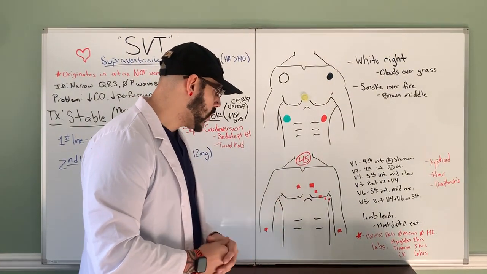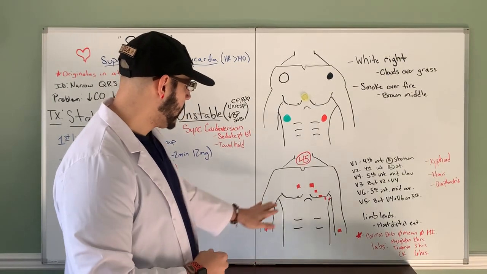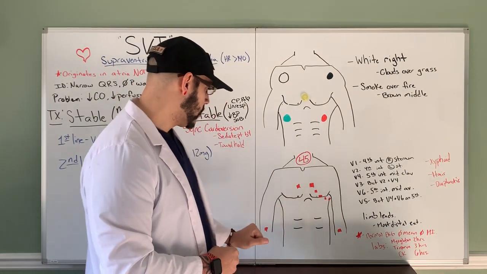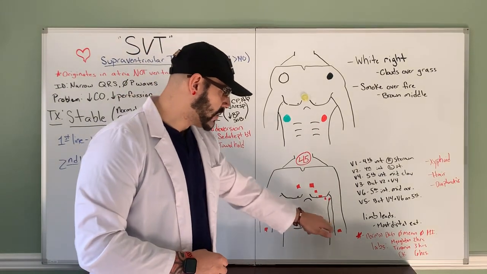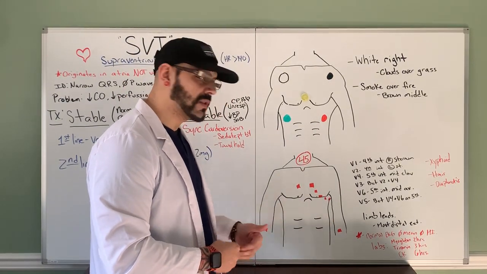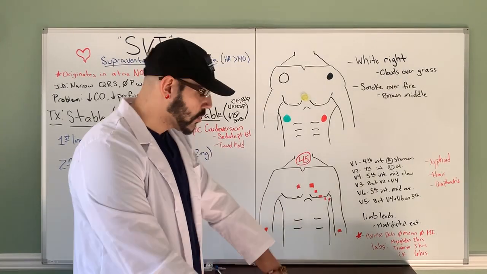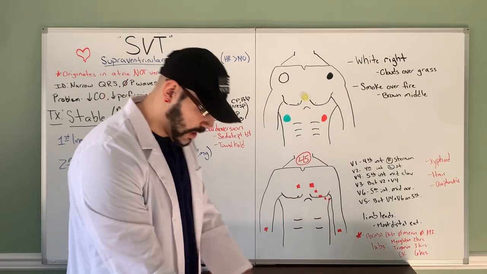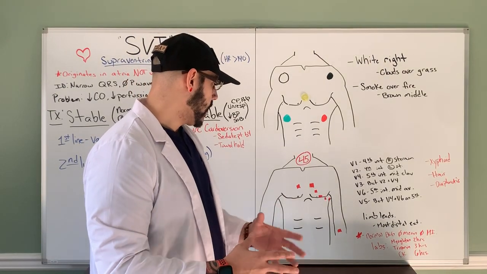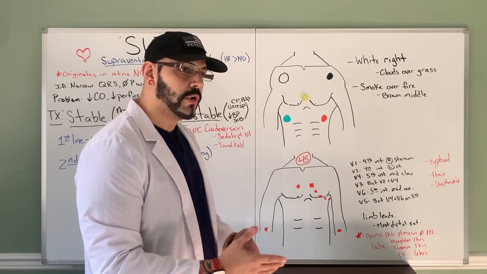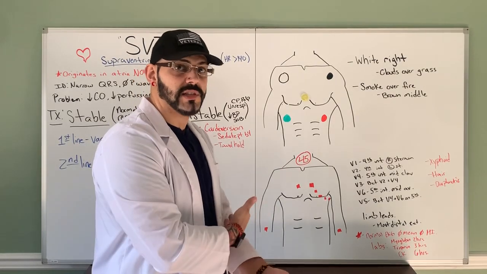So let's just go over really quickly, that way you know where things go. Before we start with the V1 through V6 leads, we'll talk about the extremity leads, okay? So you're going to have leads for each extremity, and you want to put them in the most distal part of that extremity. So you put the lead in the wrist, in the ankles. If you have a patient who is an amputee, you'll put it in the most proximal part of that particular extremity.